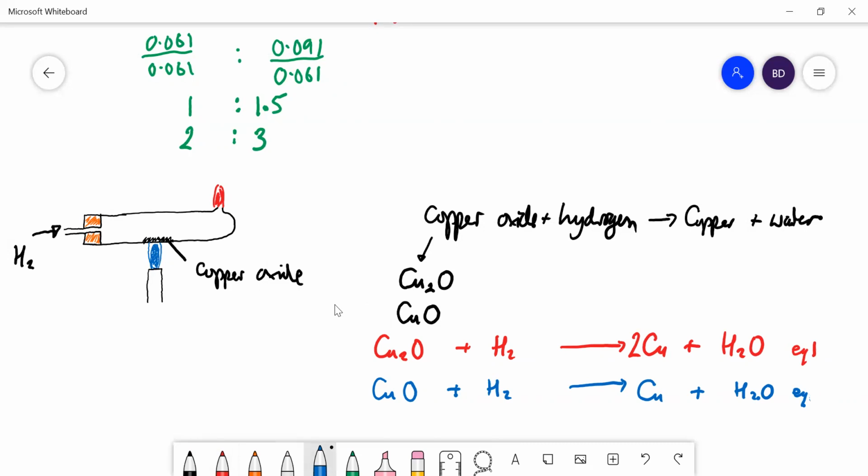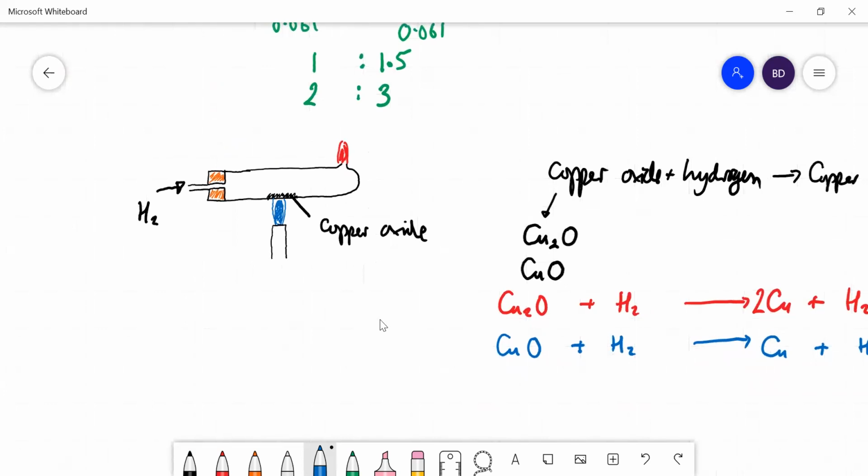Okay, so in the experiment, what you do is you weigh your copper oxide at the start, so the mass of copper oxide, and then you weigh it at the end when it's been reduced.